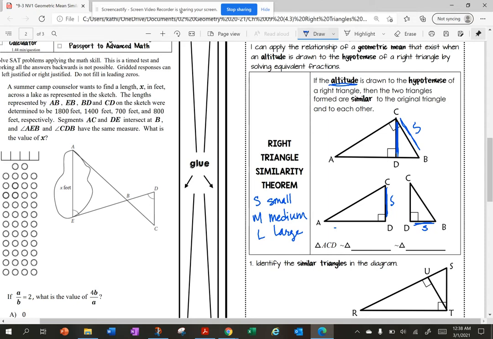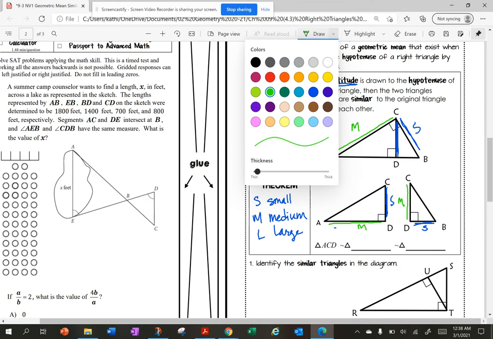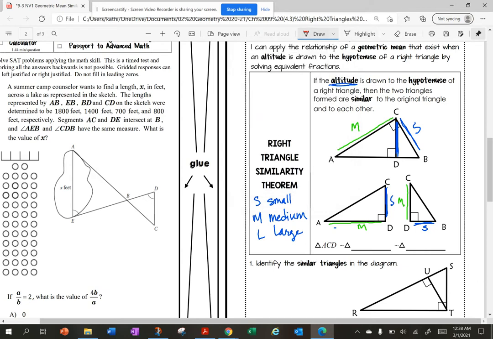Okay, so my medium side is going to be this side. My medium side is going to be this side. And my medium side is going to be this side. So that'll make my large side the hypotenuse on all of them. So here's my large side, and my large side.